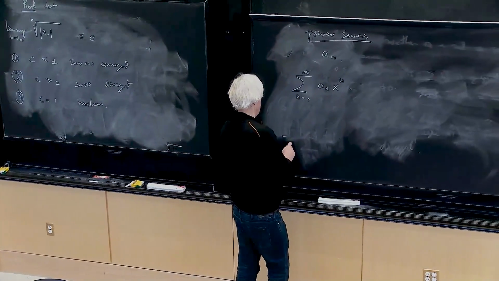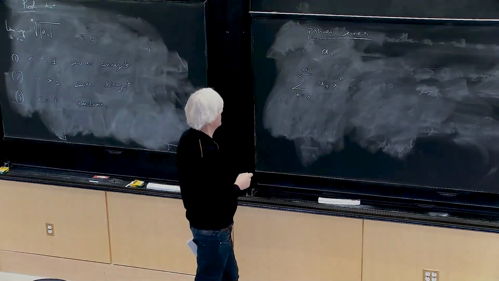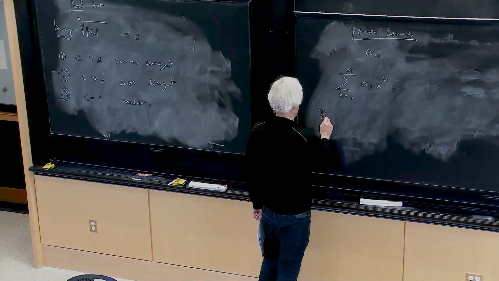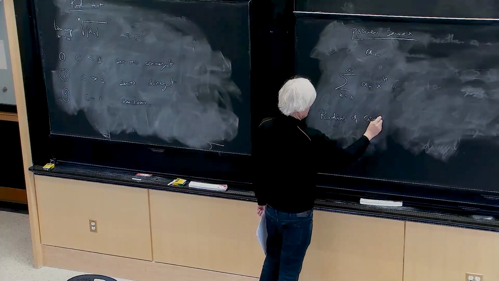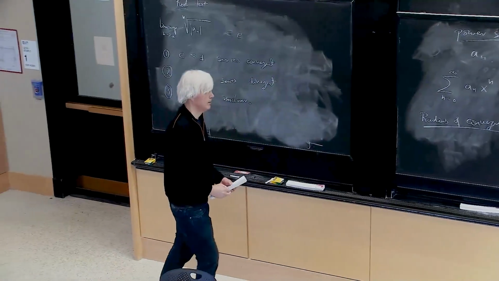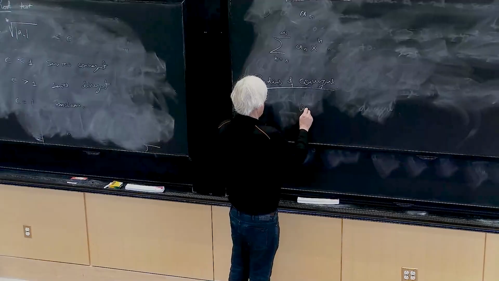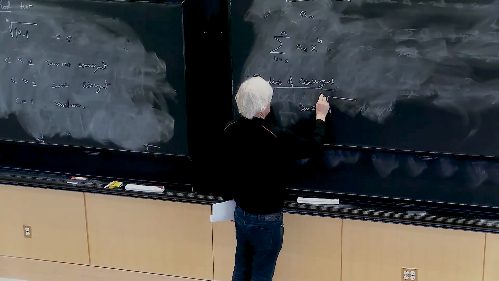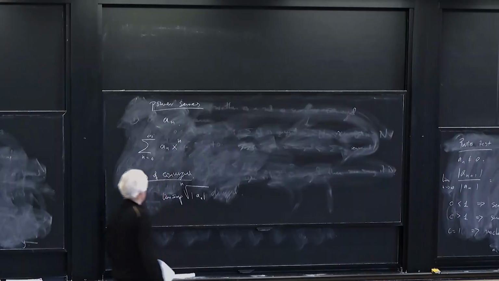The key point for a power series is, of course, whether or not this is convergent. And this gives rise to the radius of convergence. So the radius of convergence was that we looked at the lim sup of the nth root of a_n, like that.